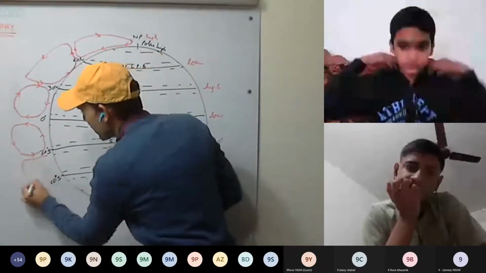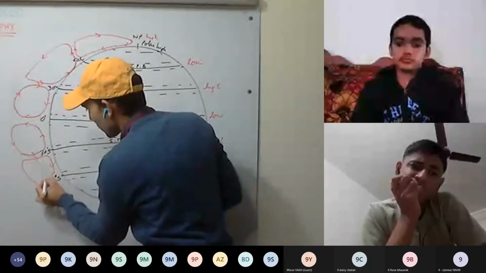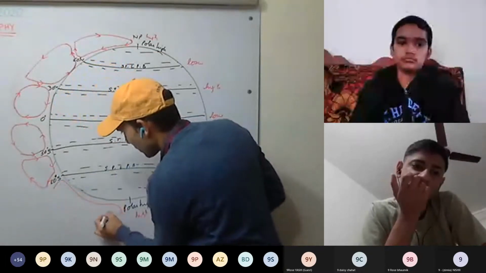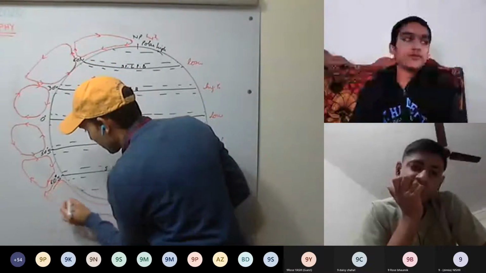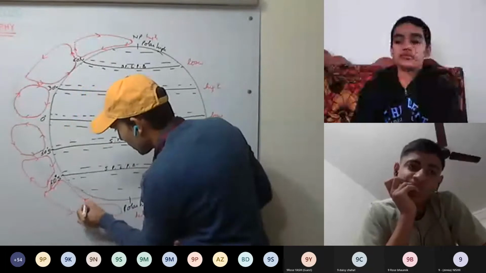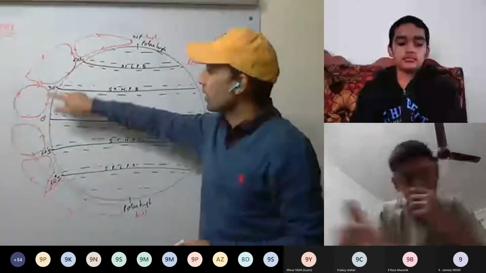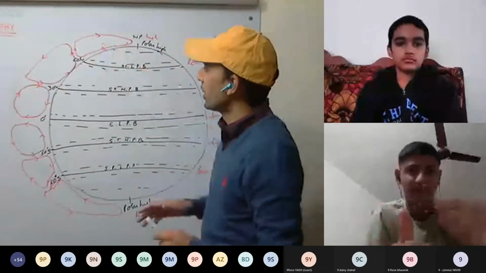Similarly here. Okay. We have discussed these cells last time. This is Hadley cell, Ferrel cell. This is polar cell.